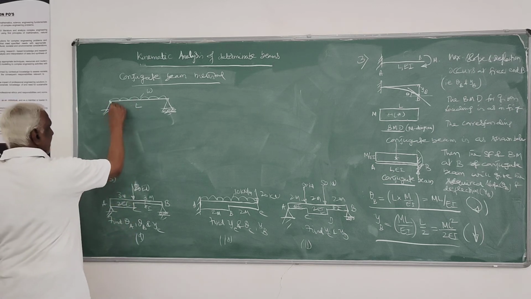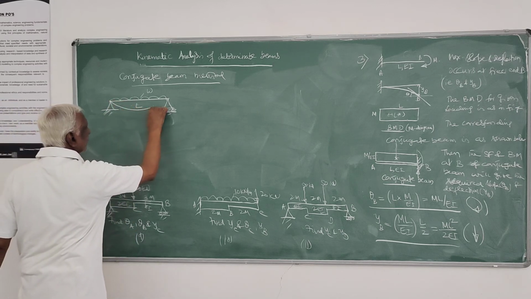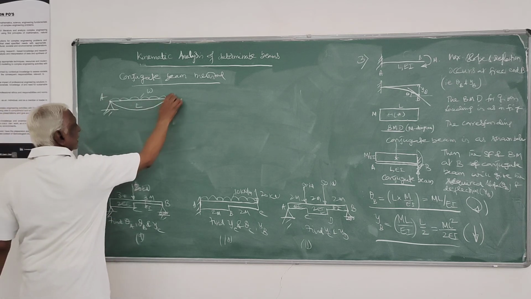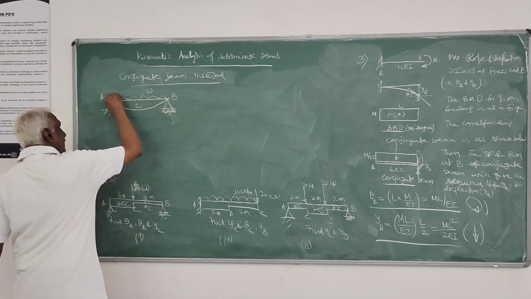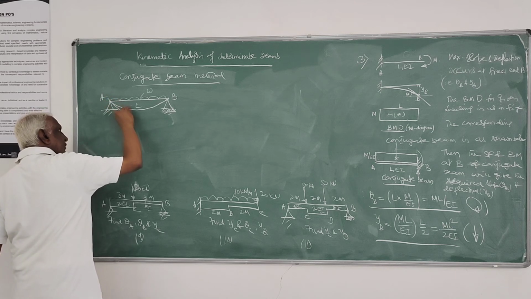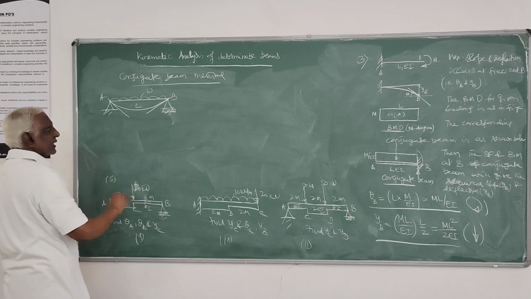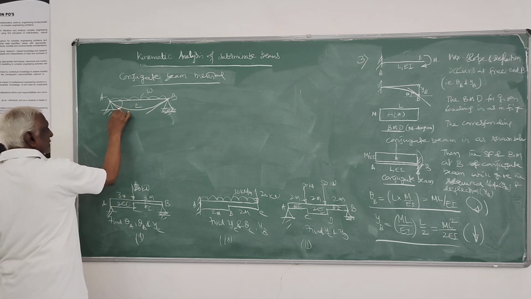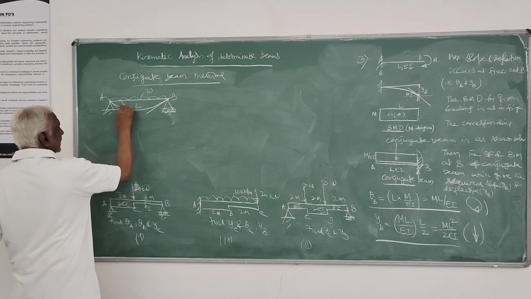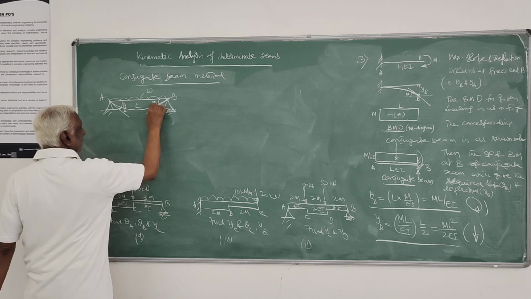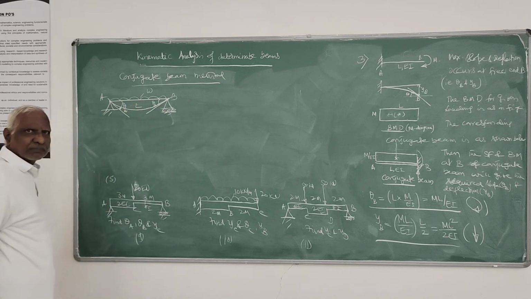Here, load is like that. Beam has to deflect in this fashion. This is A, this is B. Here at A, you draw a tangent to the elastic curve. At B also, you draw a tangent to the elastic curve. Here, this original direction, whatever angle is there with respect to tangent, that is slope at A, this is slope at B, that is maximum, I told.